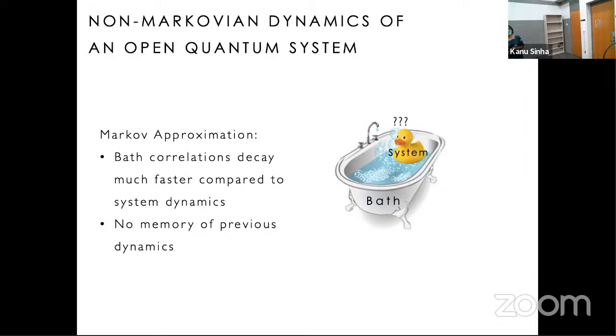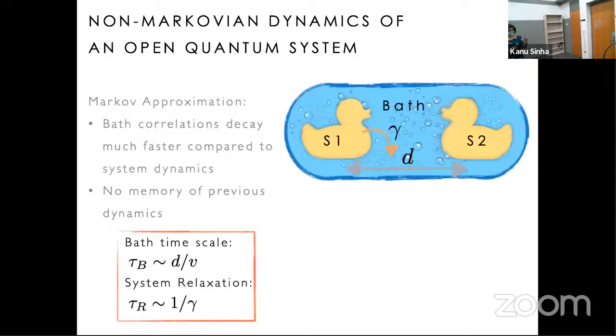And to see this a bit more concretely, to be able to define these timescales, particularly for the scenario that we are interested in, where we have two subsystems that are separated from each other by a distance d, and let's say each of them has a relaxation rate gamma, one can define a system relaxation timescale, tau r, which is 1 over gamma. And let's say the bath excitations have a speed of v.